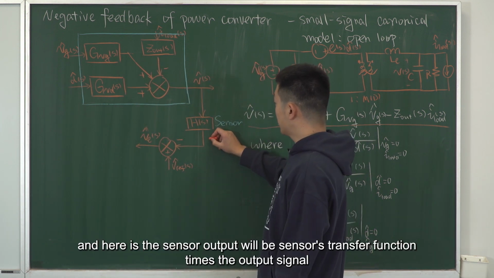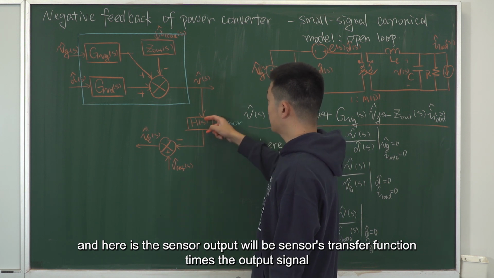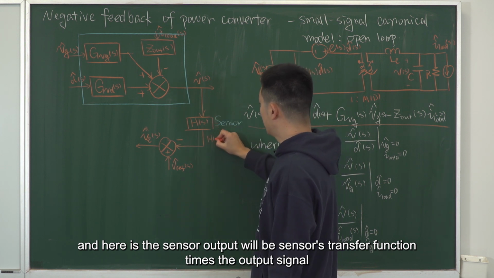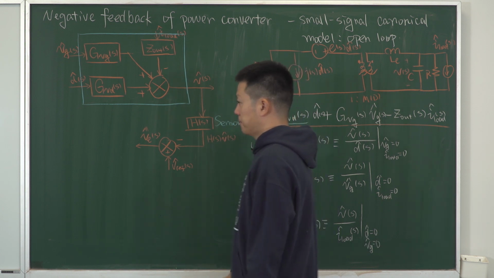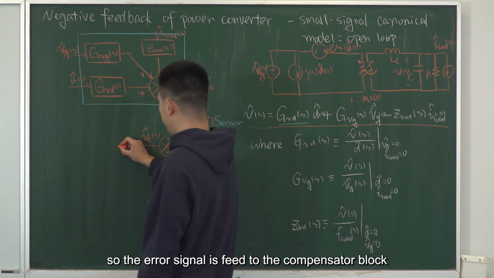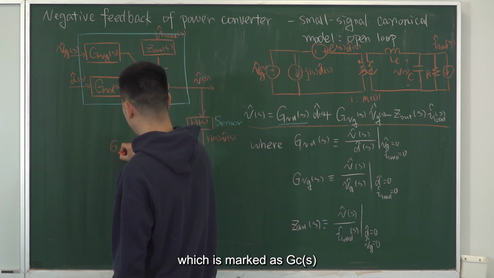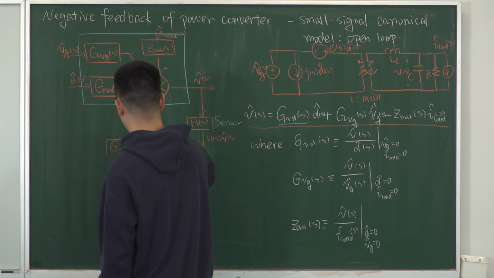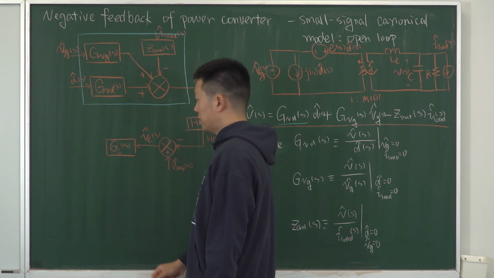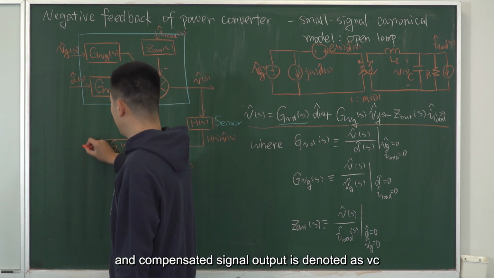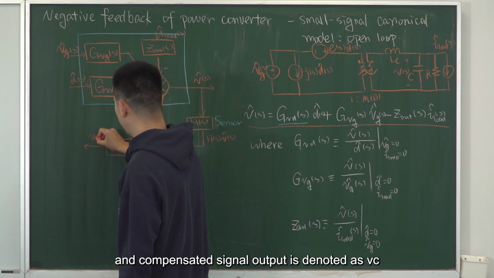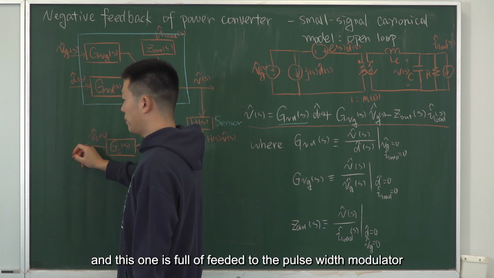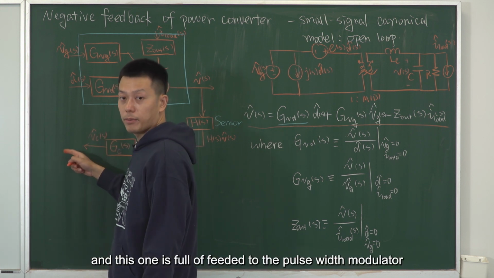And here the sensor output will be the sensor's transfer function times the output signal. The error signal is fed to the compensator block, which is marked as GC(s). The compensated signal output is denoted as Vc, and this one is fed to the pulse width modulator.